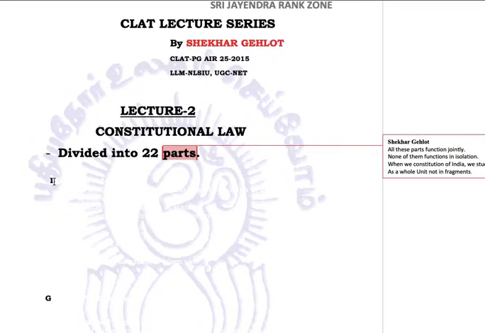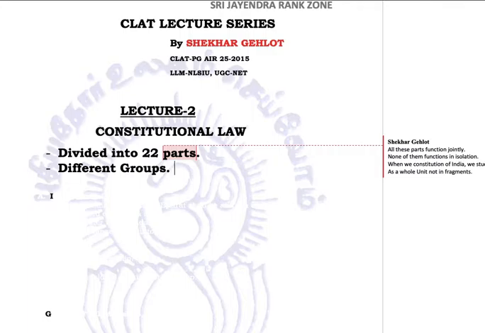So in order to understand the Constitution of India properly, today I have divided these 22 parts into six different groups, and we will try to understand each and every part of those groups very clearly.